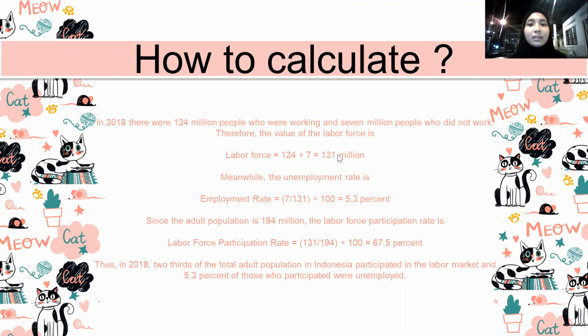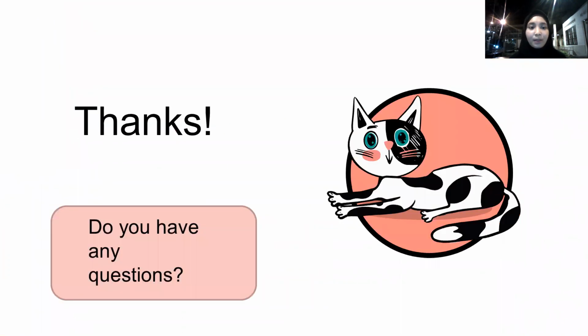Thus, in 2019, two-thirds of the total adult population in Indonesia participates in the labor market, and 5.3% of those who participate were unemployed.